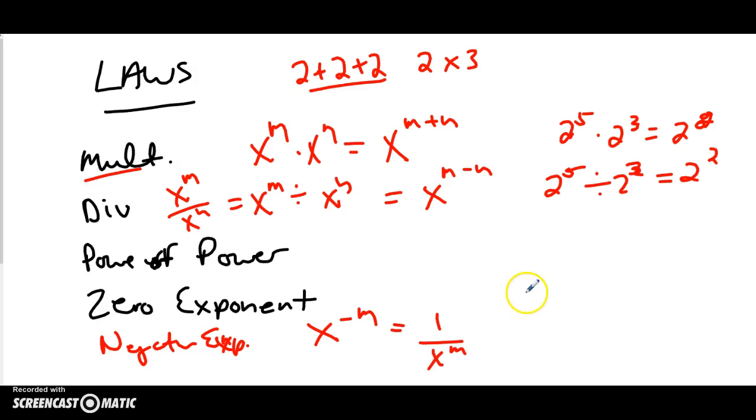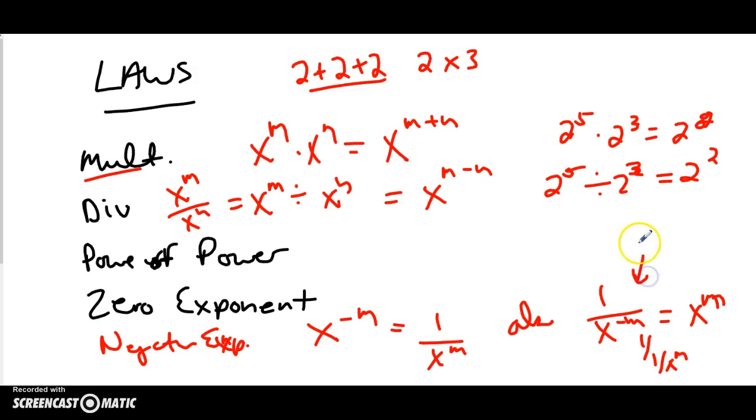Also, if I have 1 over x to the negative m, it also works this way. That's 1 over 1 over x to the m, which is x to the m. So if I have a negative power in the base, I can pull it up and make it a positive power. For example, 1 over x to the negative 6 is the same as x to the 6.